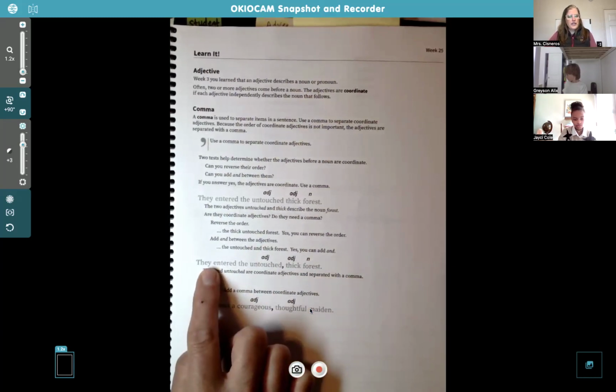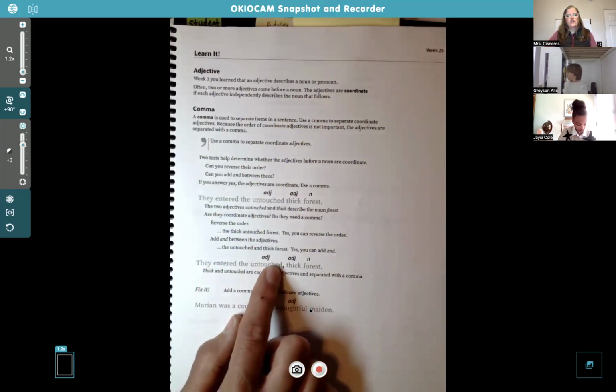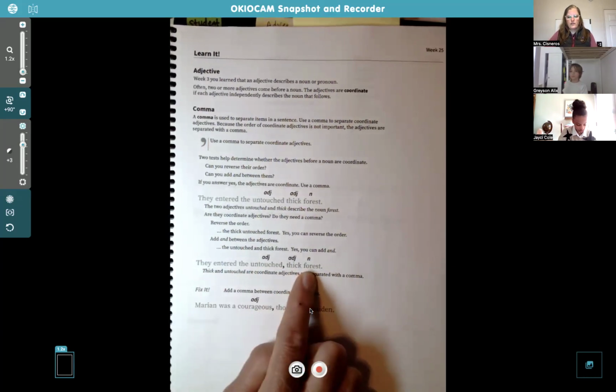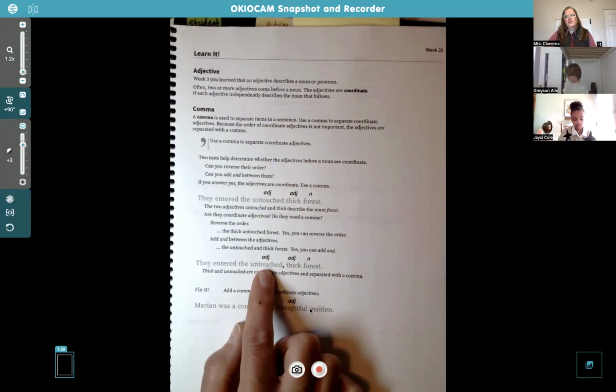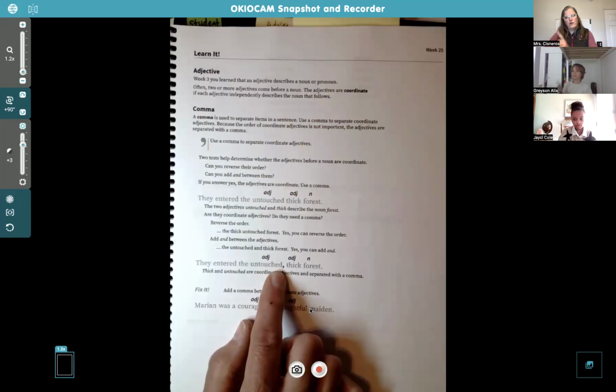And for this week in your grammar, you will put commas between them like this. They entered the untouched, comma, thick forest. Even though there's only 2 adjectives, you're still going to put a comma between. You know, the rule is A, comma, B, comma, and C. When we have 3 things listed, use commas.